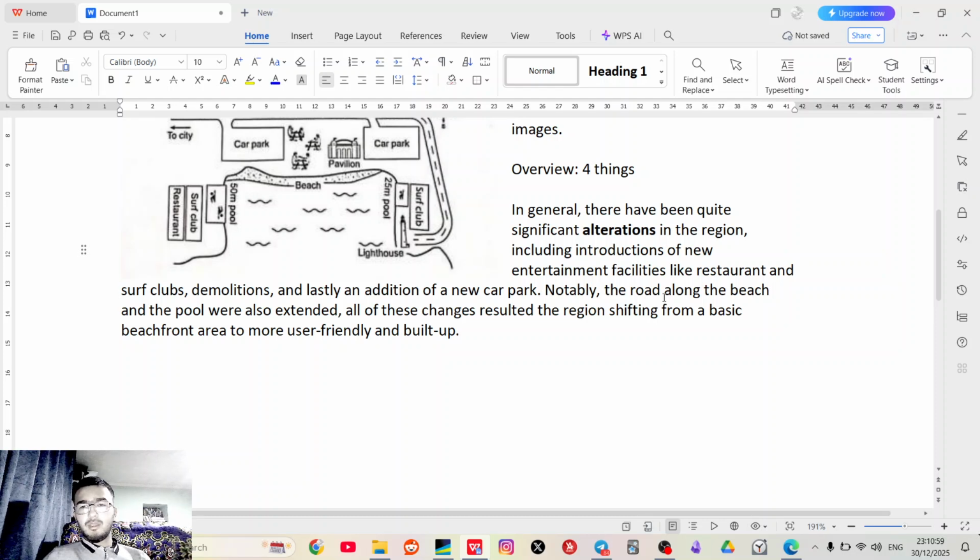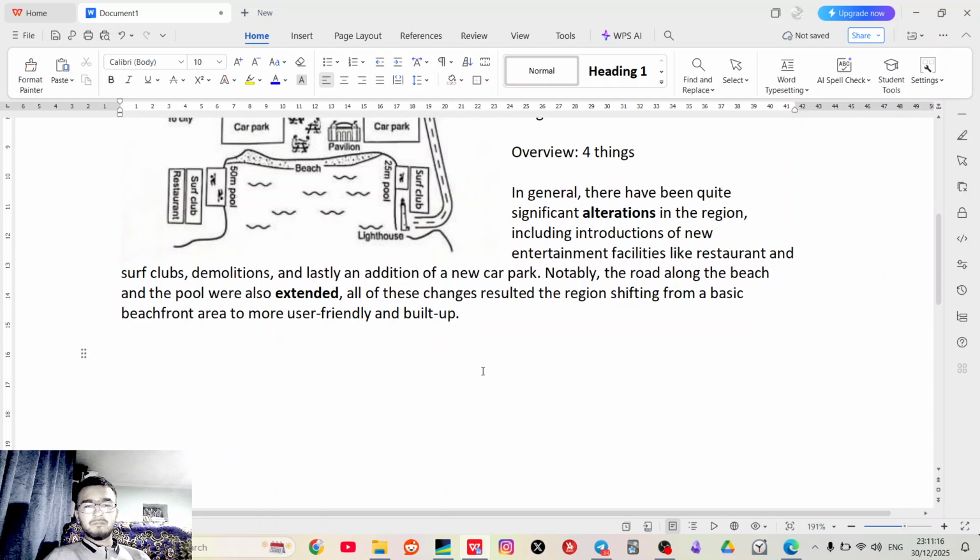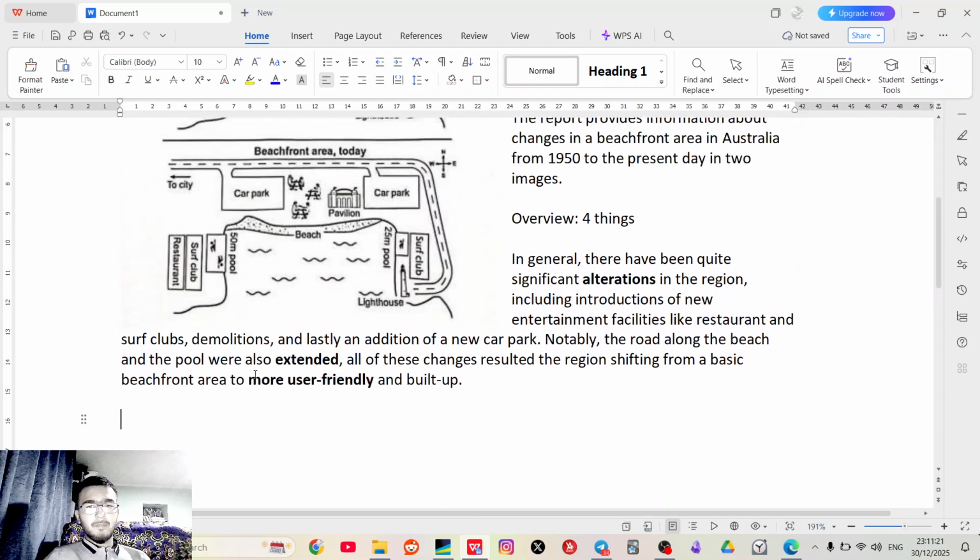Notably, the road along the beach and the pool were also extended. All of these changes resulted in the region shifting from a basic beachfront area to a more user-friendly and built up one.